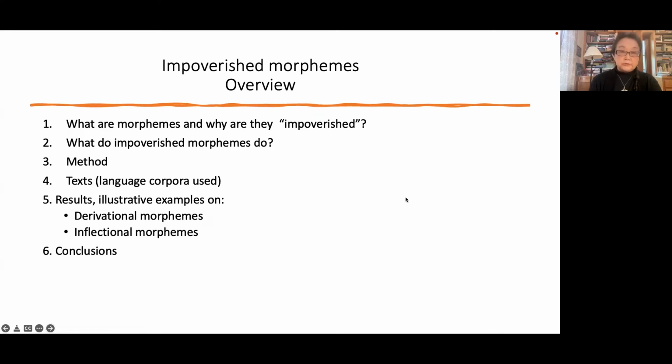Then I'll talk about the texts that are used, the really big language corpora, and results, illustrative examples on two types of impoverished morphemes, derivational morphemes and inflectional morphemes. And I'll end with conclusions.